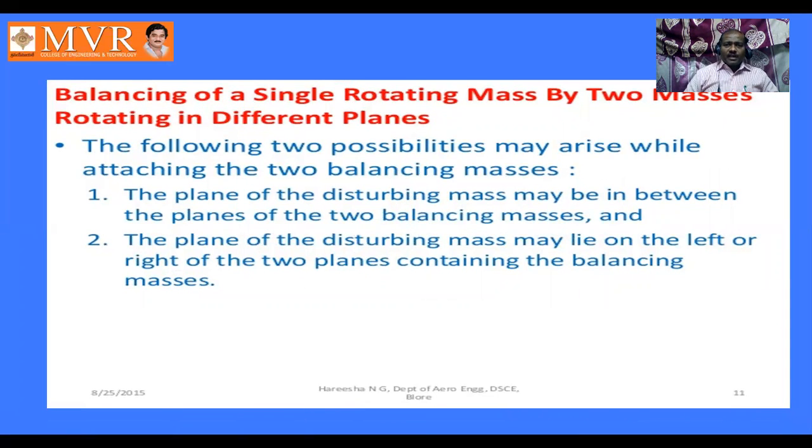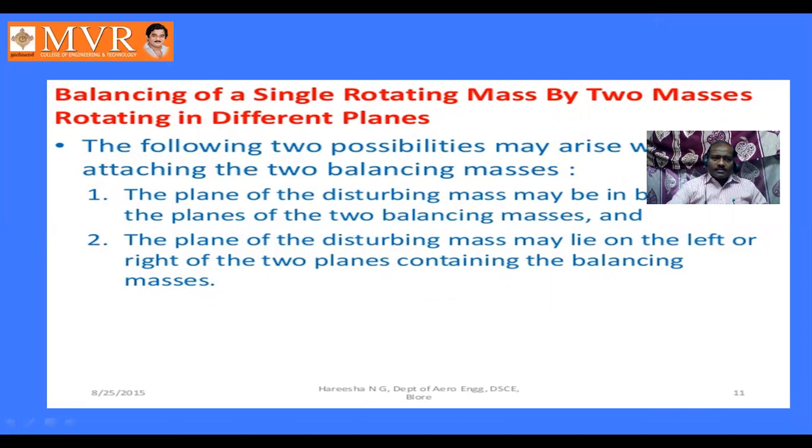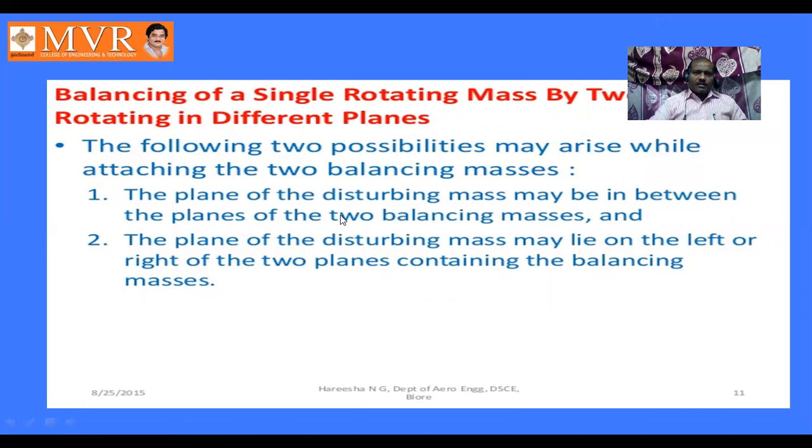The balancing of a single rotating mass by two masses rotating in different planes. The following two possibilities may arise while attaching the two balancing masses. The plane of the disturbing mass may be in between the planes of the two balancing masses.